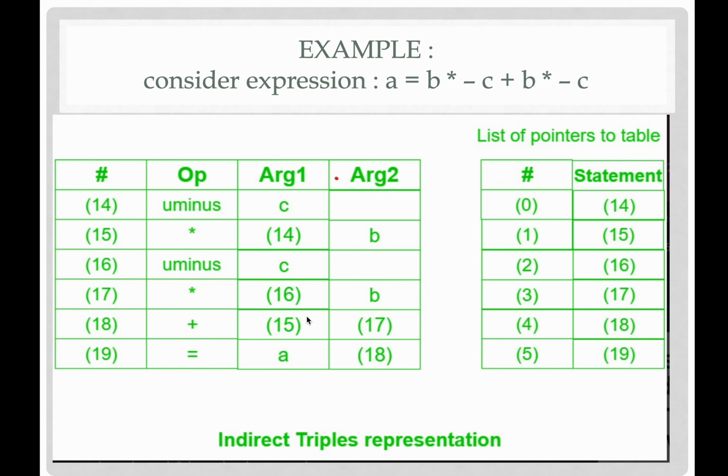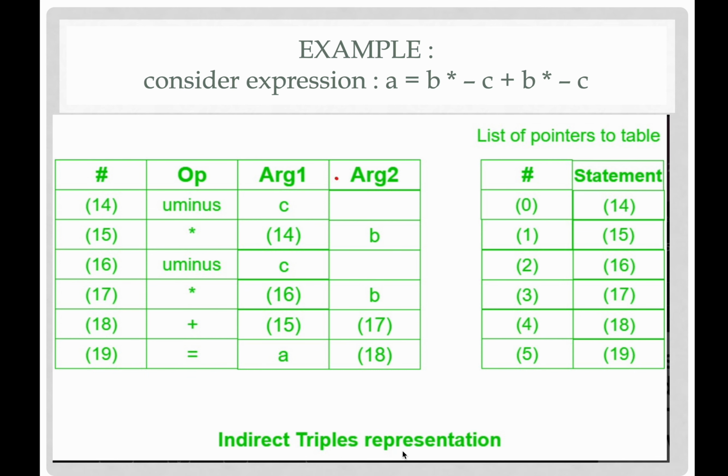Here we are not representing it as it is, but we are modifying it into new numbers which are pointing to the previous ones, using the same numbers in the arguments.